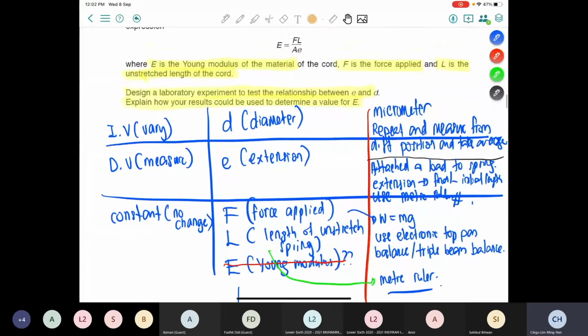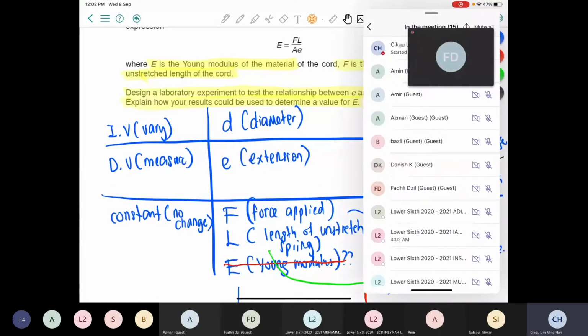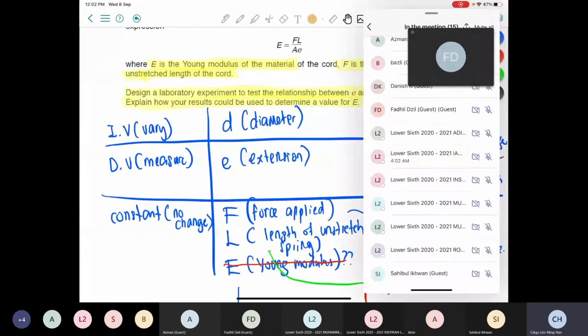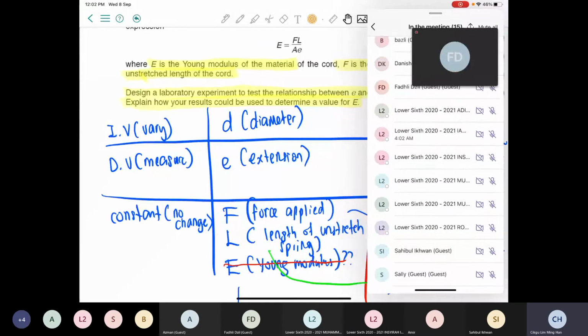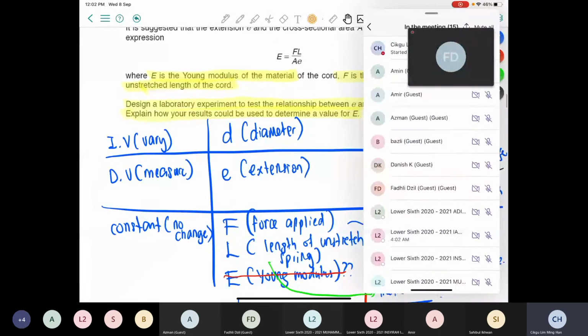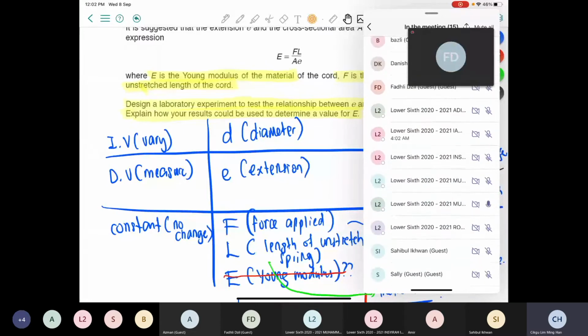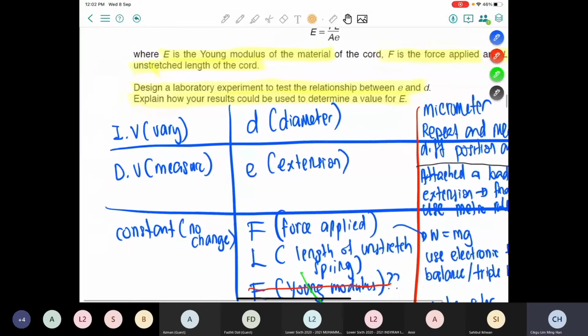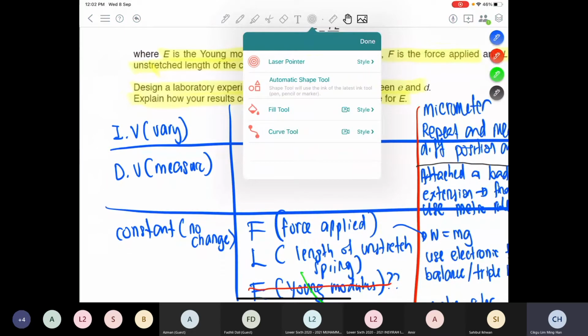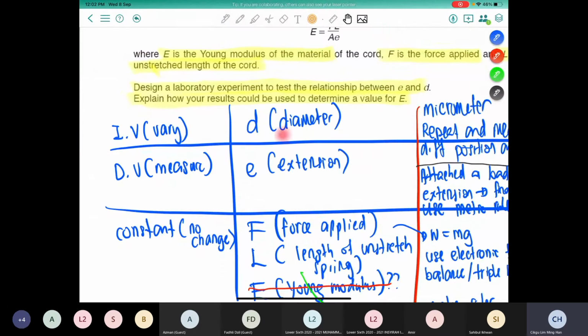Just a little bit of question. I'd like to ask someone here. This one is Kashfi. Is he responding? Yes, Kashfi, can you help me answer my question? How do you know D is independent and E is dependent?